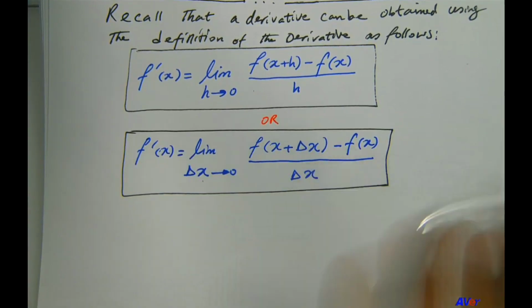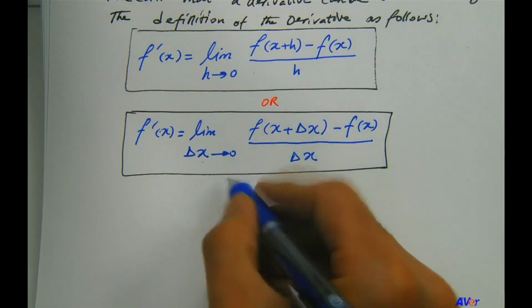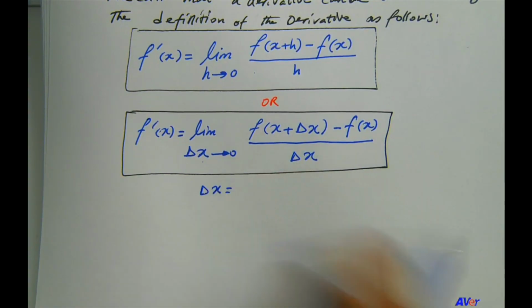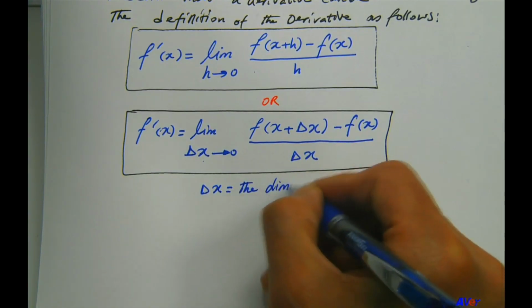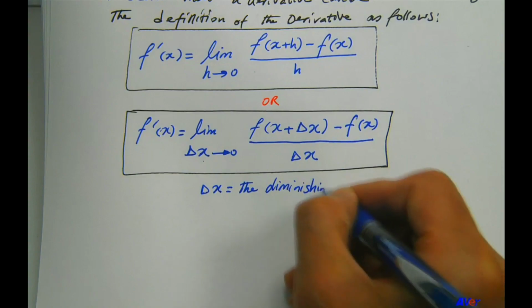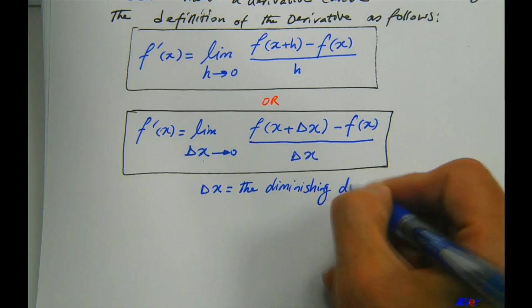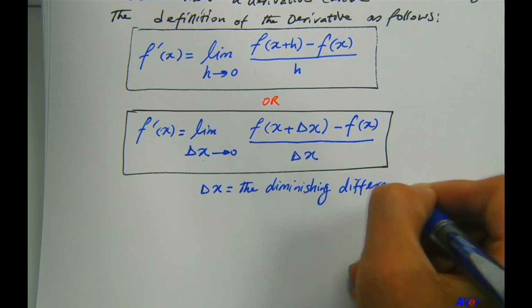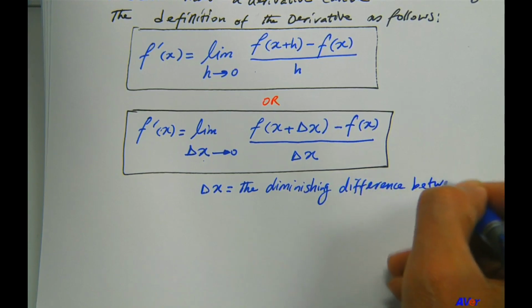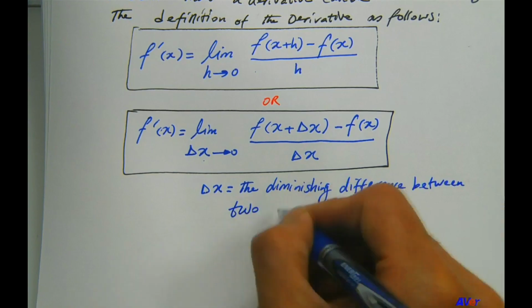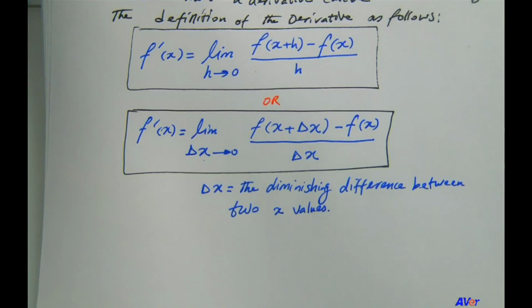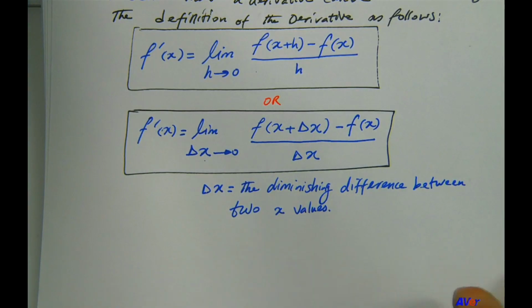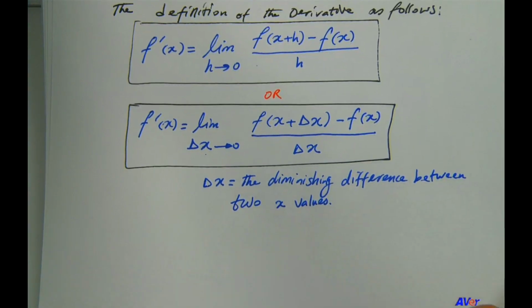And let me just, for the sake of clarity, say that delta x is equal to the diminishing difference between two x values, or values of the independent variable, no matter what you call it. We usually call it x, but you can have other names for it, of course.